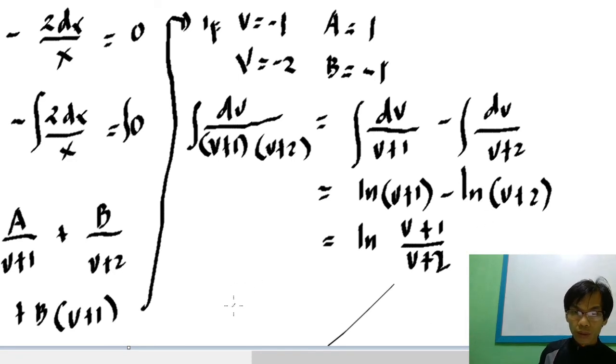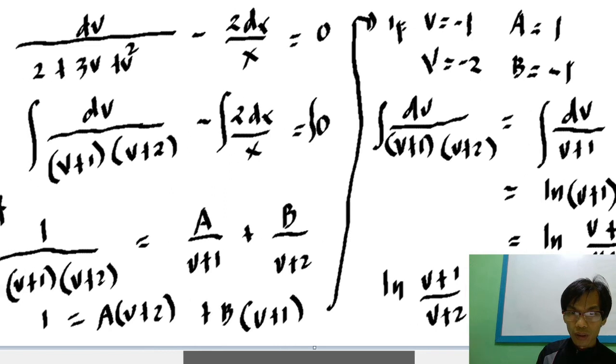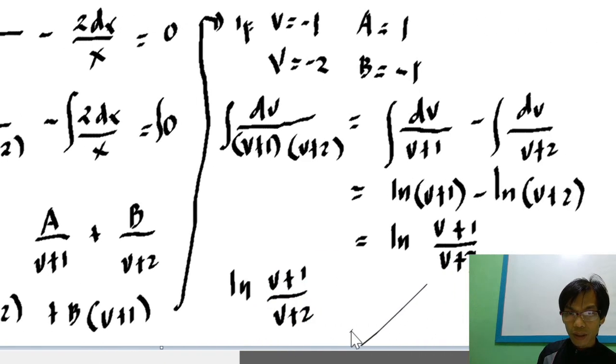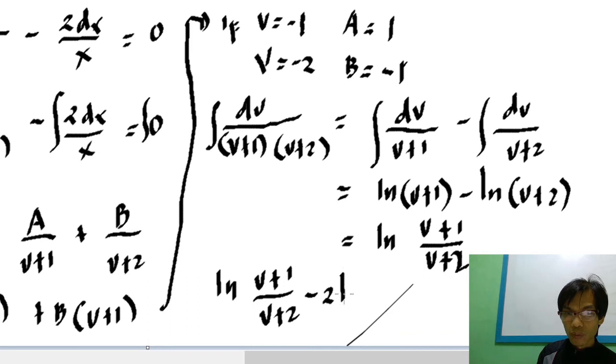And so we substitute it on the function. We have ln of (v plus 1) over (v plus 2). What is the integral of this one? We have 2 ln of x, right? Minus 2 ln of x, and that is equal to ln of c.